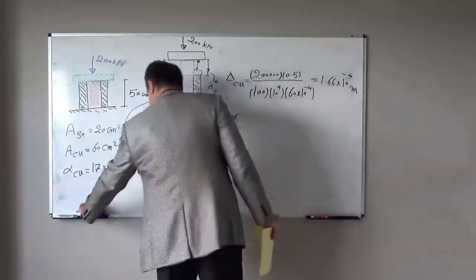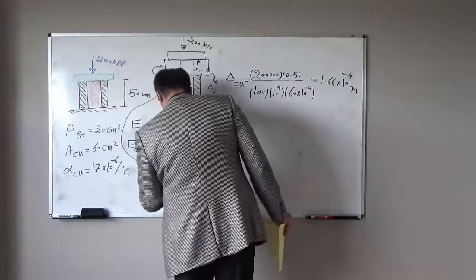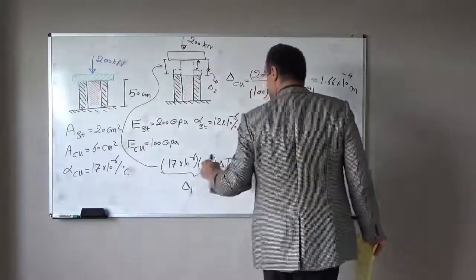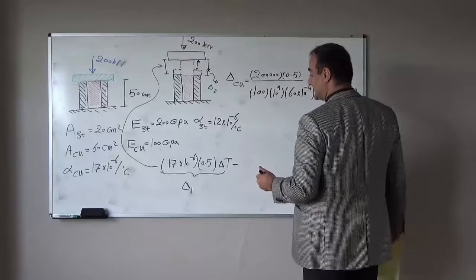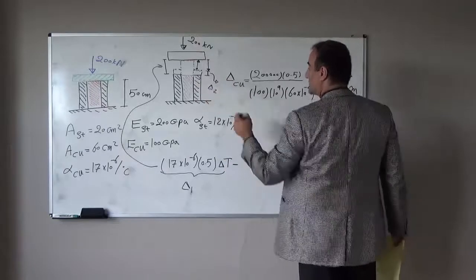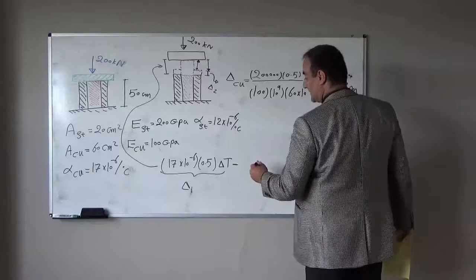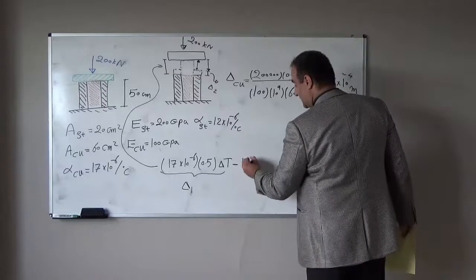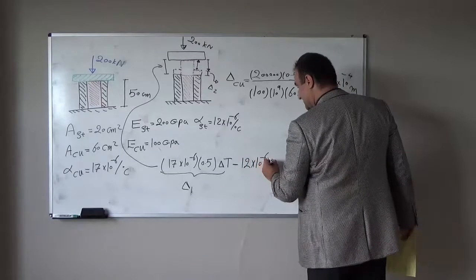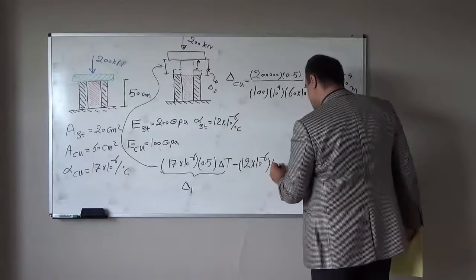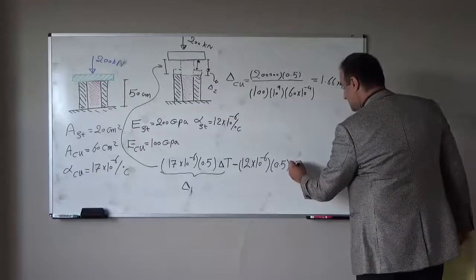So here, this will be 17 times 10 to the power of negative 6 times initial length times delta T, minus deformation of the steel because of the temperature change, delta 2, which will be alpha of steel, 12 times 10 to the power of negative 6, times length 0.5 times delta T.